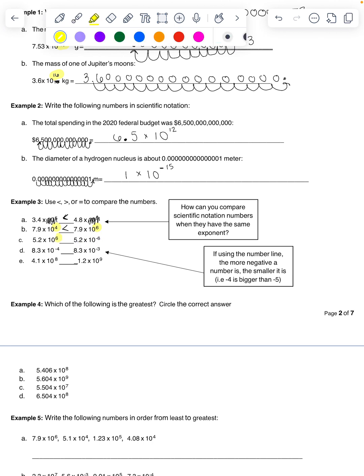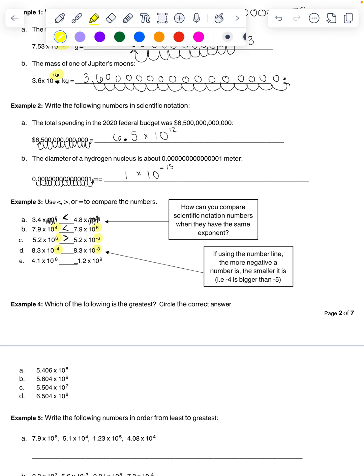Well, this one's got a positive exponent. This one's got a negative exponent. The one with the positive exponent is definitely going to be much bigger. Now we've got 8.3 times 10 to the negative 4th compared to 8.3 times 10 to the negative 3rd.